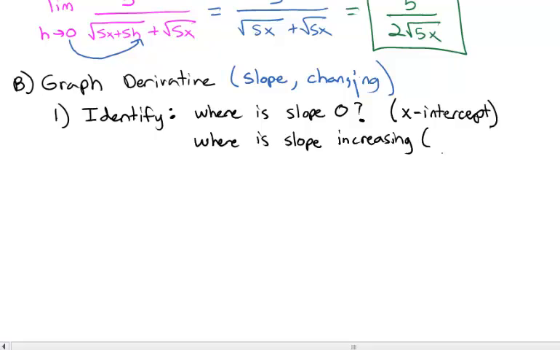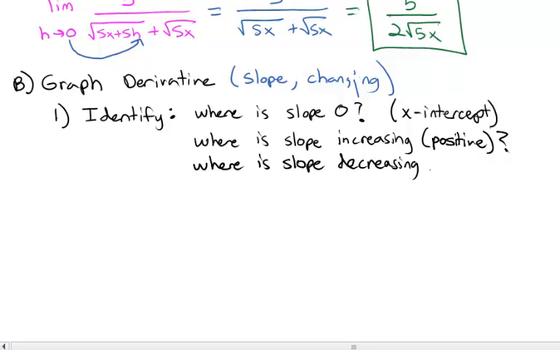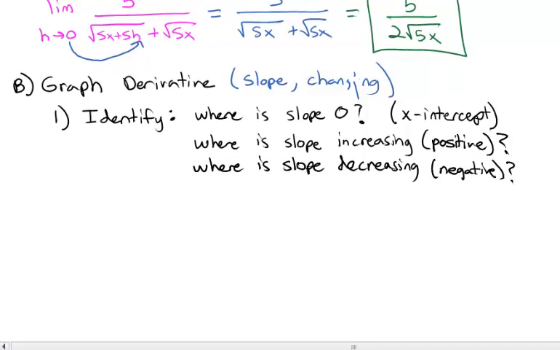If the slope is increasing, we have a positive slope, and so our derivative graph is going to be positive, showing an increasing slope. It's changing at a faster rate. And where is the slope decreasing? Or we have a negative slope, and that's going to put us in the negative portion of a graph.